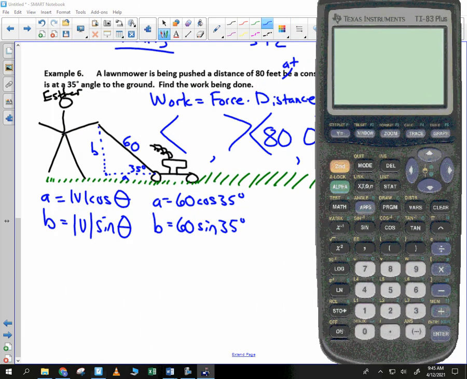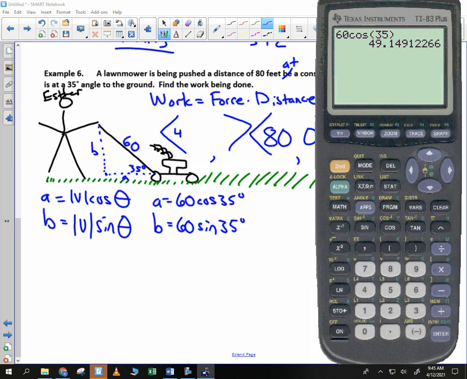So we turn on our calculator, and we take 60 times the cosine of 35, and we get 49.15. And then we take 60 times the sine of 35, and we get 34.41.